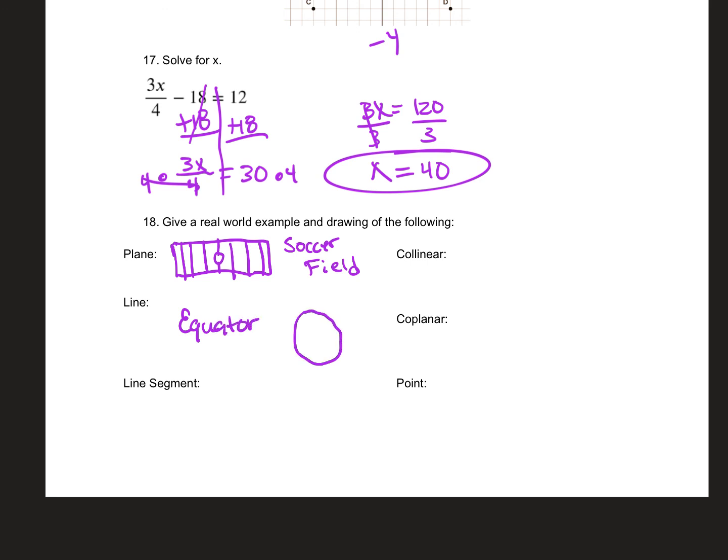And this one's going to be really hard to draw. And my equator is this little line going around the world. A line segment. That's a terrible example, but it's a baseball bat. All right, so we have a baseball bat.